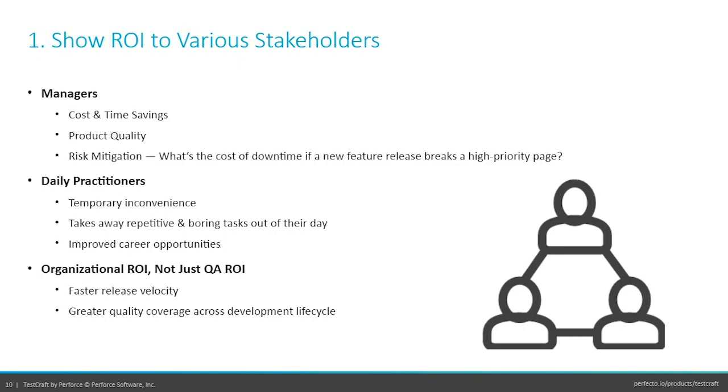Okay, now when I spoke earlier about proving the ROI to the managers, I spoke mainly about the QA managers, but it's not only them, obviously. Even if we take it to another level, we're talking about the organizational ROI.